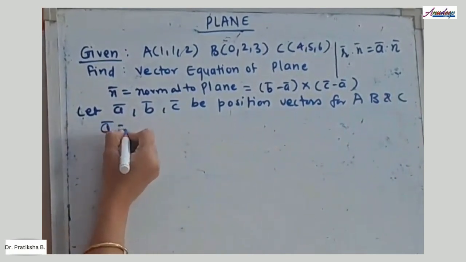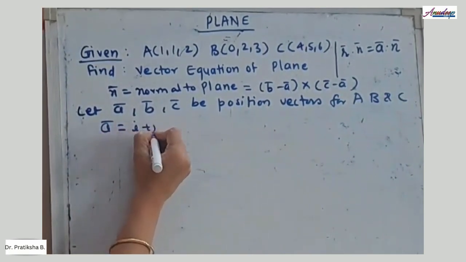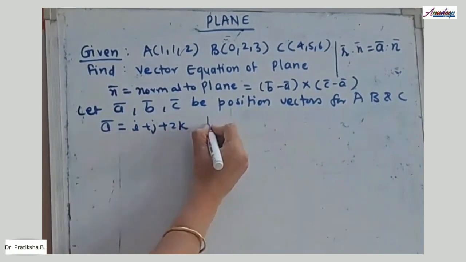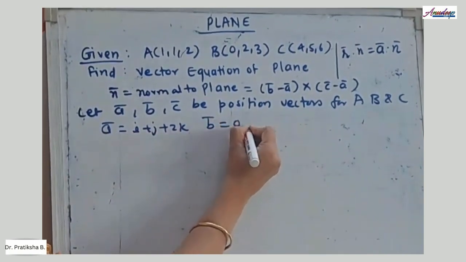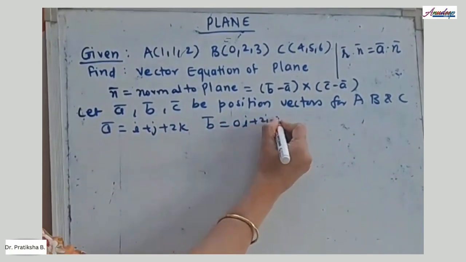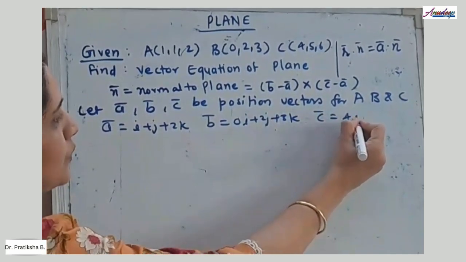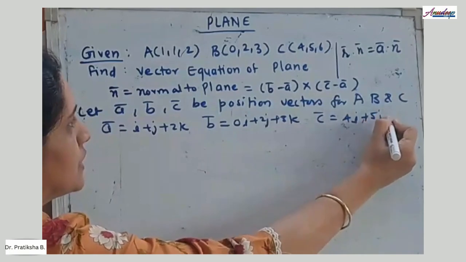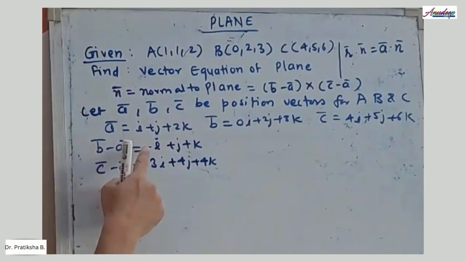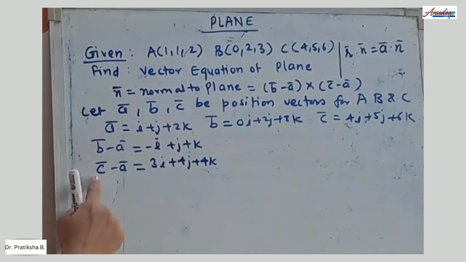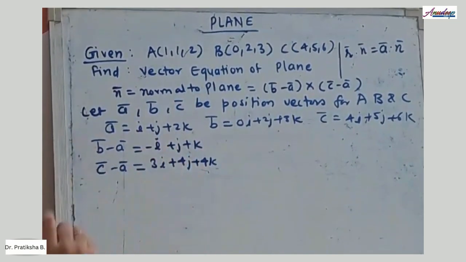Therefore, a vector will be equal to i plus j plus 2k. b vector is 0i plus 2j plus 3k. c vector is equal to 4i plus 5j plus 6k. After evaluation, b minus a is minus i plus j plus k, and c minus a is equal to 3i plus 4j plus 4k.